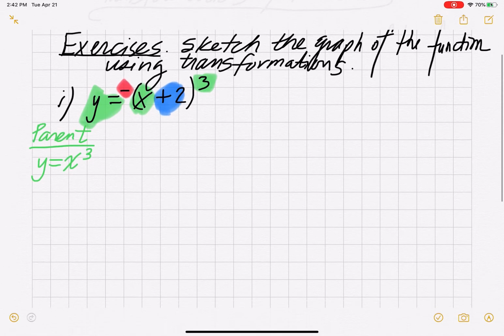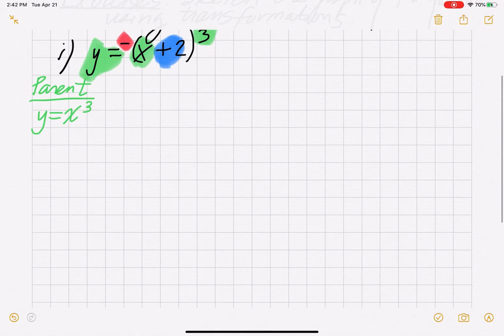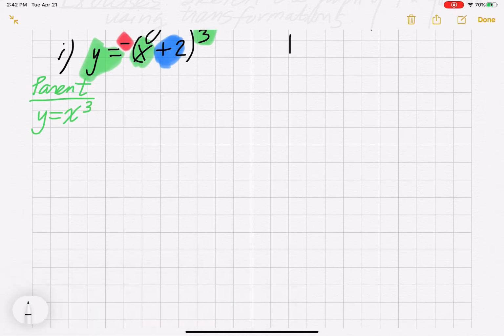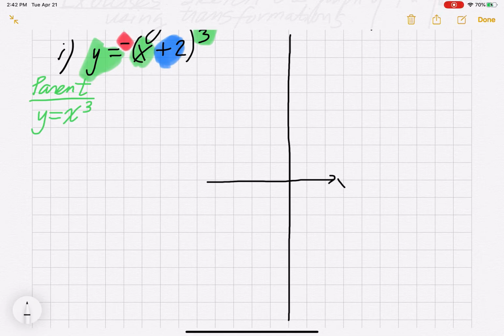Remember what the cubing function looks like. You're going to need a lot of vertical space for the cubing function. All right, here goes. This will be my x-axis, and this will be my y-axis here.